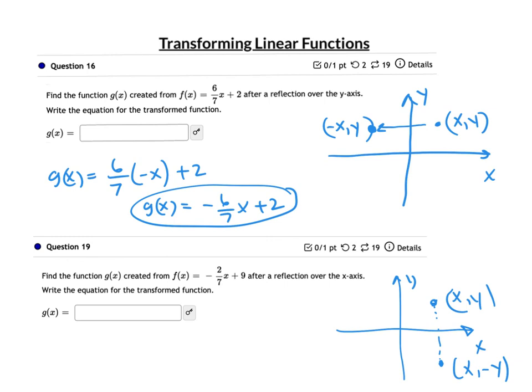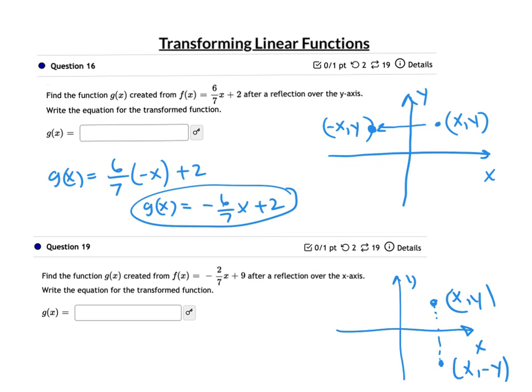This last one is a reflection over the x-axis. And just like the previous question, think about what happens to a point xy. So here's my y-axis and x-axis, and let's take a point xy. When I reflect over the x-axis, I'm going this direction, and my point becomes x, negative y. Notice that y becomes the opposite. This is a vertical transformation.